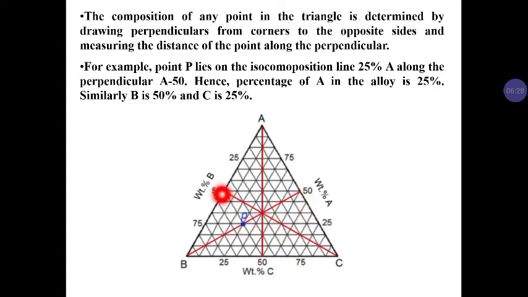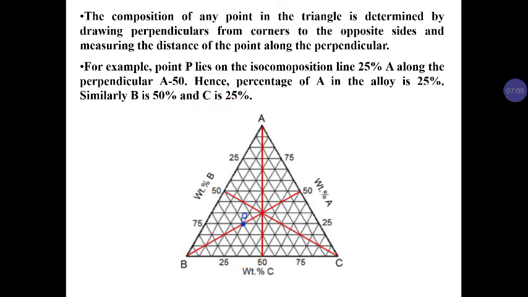For example, here 50 percent B, here 50 percent B, and similarly here 25 percent A, here 25 percent A. That is the isocomposition line, and that line will give you the percentage of A, B and C. Similarly for C, the isocomposition line is drawn here, because this point indicates 25 percent of C, and similarly this point indicates 25 percent of C. So the isocomposition line gives you the composition of C, 25 percent.